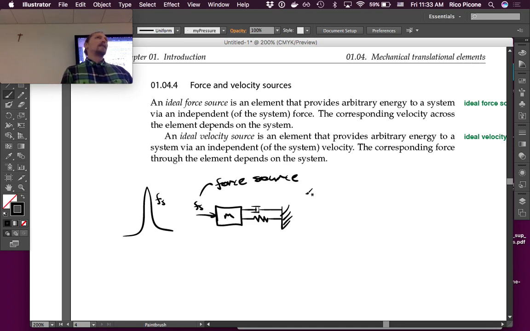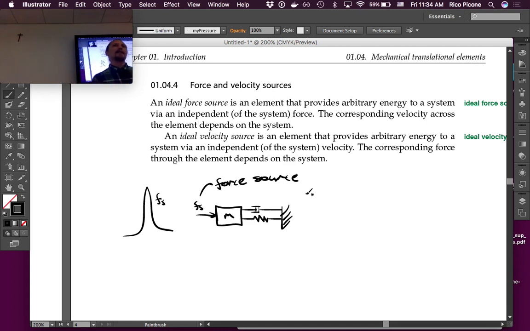You could consider an engine to be a torque source, or possibly you have your engine set up so that it could act as an angular velocity source, where you specify what angular velocity it's going to be rotating at. In reality, a lot of these things are neither exactly a force source nor exactly a velocity source.